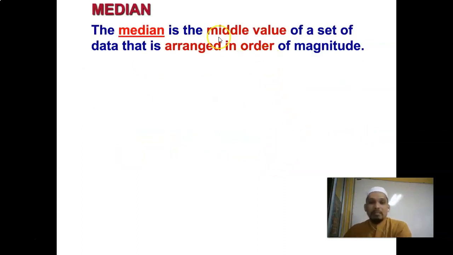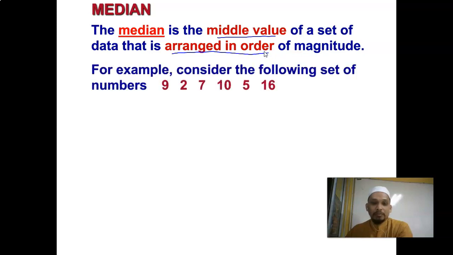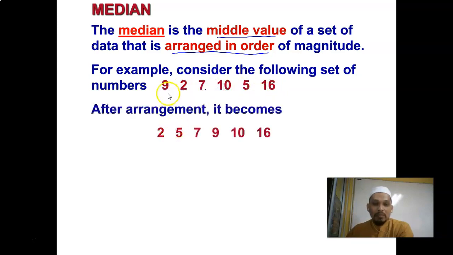Median is the middle value of a set of data that is arranged in order of magnitude. For example, consider this following set of numbers here, 1, 2, 3, 4, 5, 6. So we arrange from the lowest to the highest, from the smallest to the biggest number here: 2, 5, 7, 9, 10, and 16.